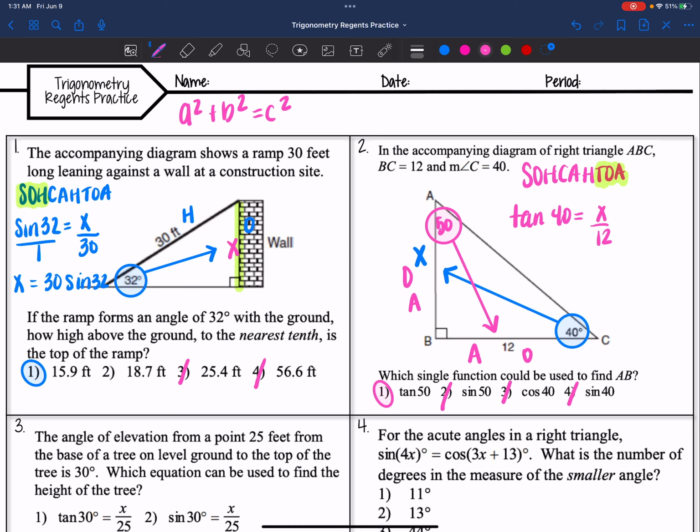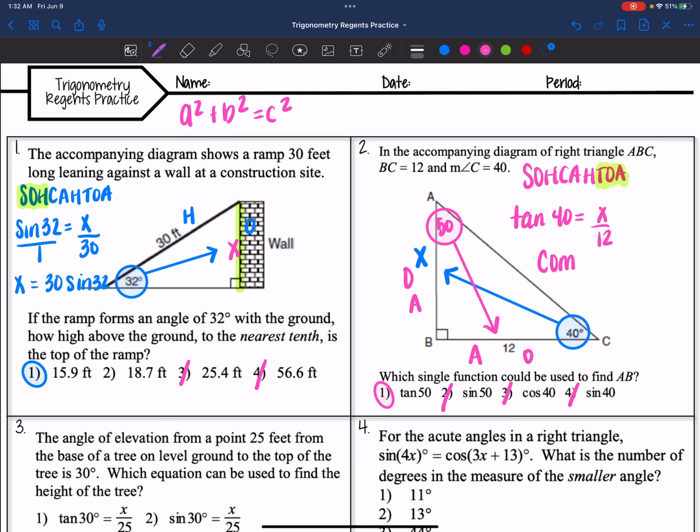Now, I could have gotten rid of sine already because I know that I can't use sine because I don't know my hypotenuse. The only option that makes sense here would be tangent of 50, and I'm just using the angle that's complementary to angle C. Complementary means sum up to 90. Equal 90 degrees.